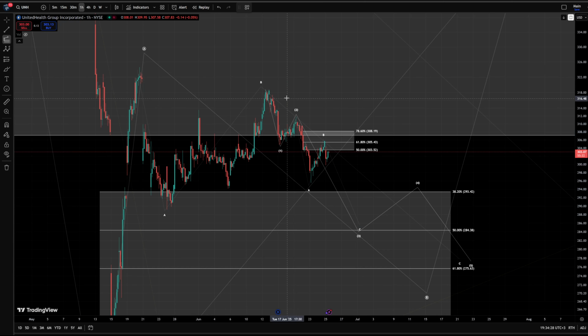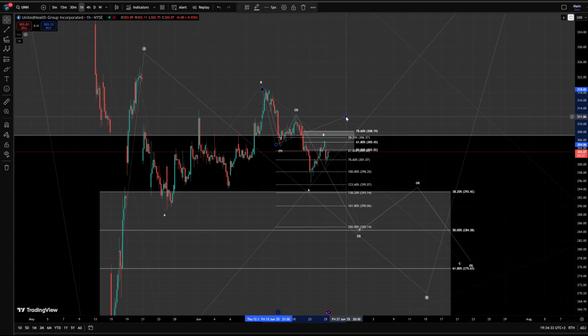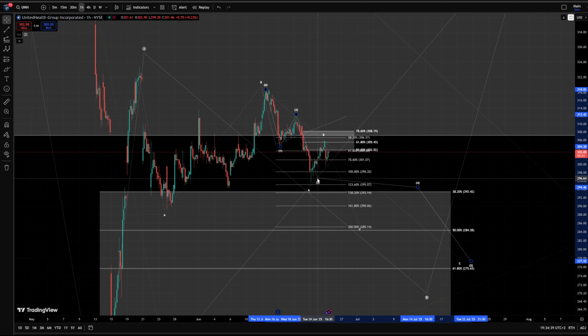We didn't reach the ideal extensions for this third wave yet, and it could be counted as a three wave and considered finished, but I find it more likely and preferred that we have not actually yet finished this third wave.